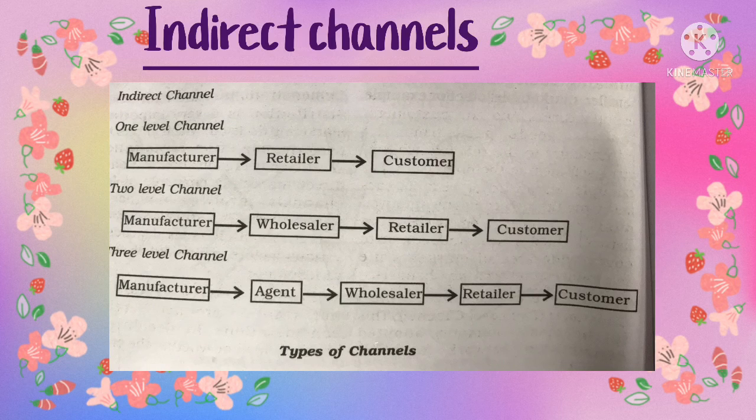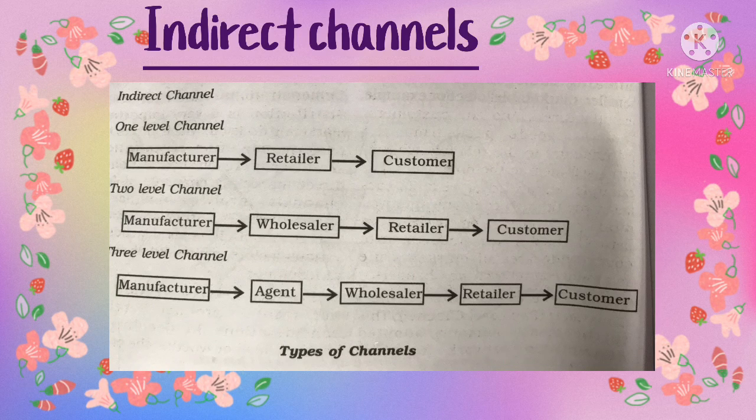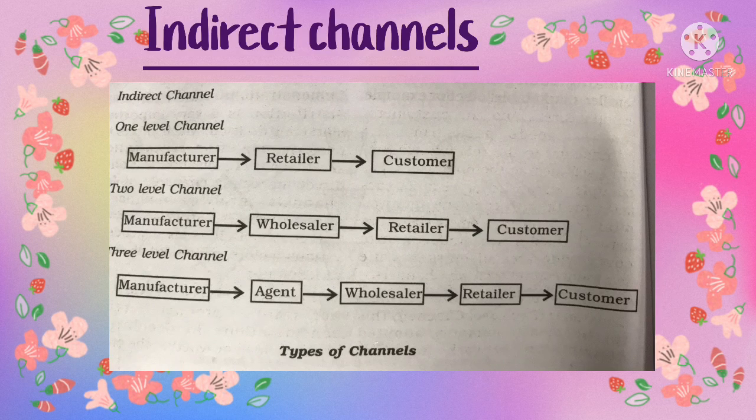Let's see who are all included: manufacturer, wholesalers, retailers and customers. This is the most commonly used distribution path, where two intermediaries or two middlemen are adopted by the company or firms to sell the products. That is the wholesaler and the retailers.